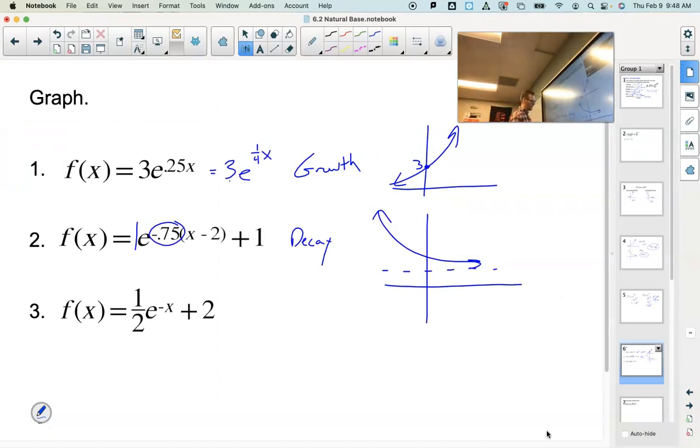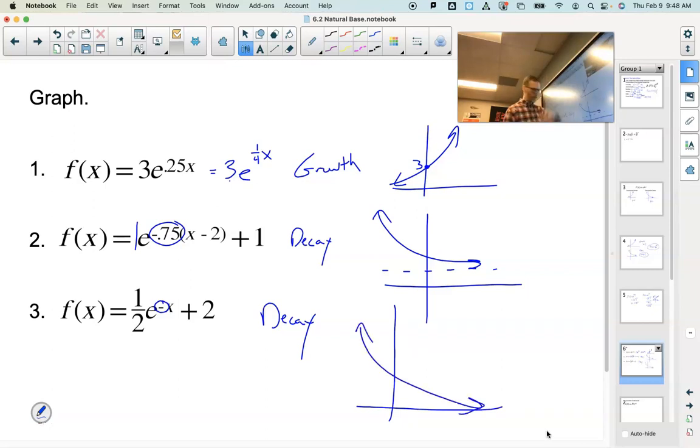All right, last one. 1/2 e to the negative x plus 2. Notice our k is negative 1. This is going to be a decay function. The 1/2 out front, we know it's going to vertically compress by 1/2. Plus 2 is going to move it up 2. So we're going to have a horizontal asymptote up 2.